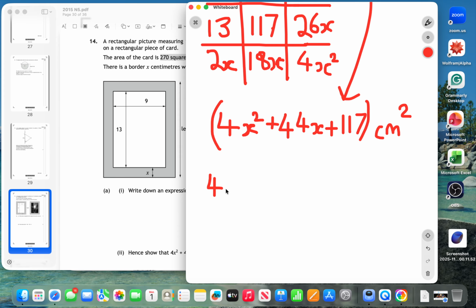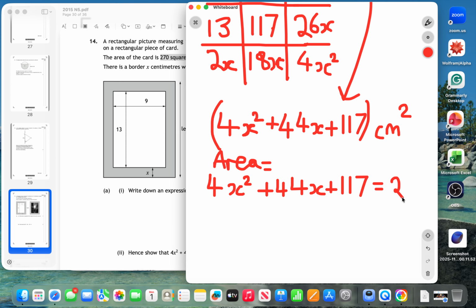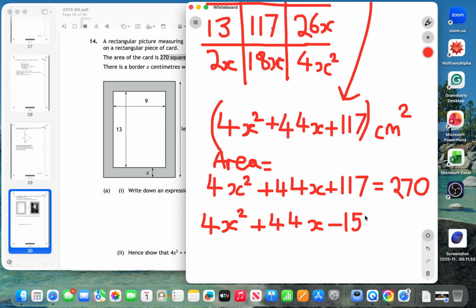So then we have 4x squared, or right, area, sorry, pardon me, 4x squared plus 44x plus 117 equals 270, and we have to write it with a 0 on the right hand side, and if we take away 270 from either side, we will get 4x squared plus 44x minus 153 equals 0.